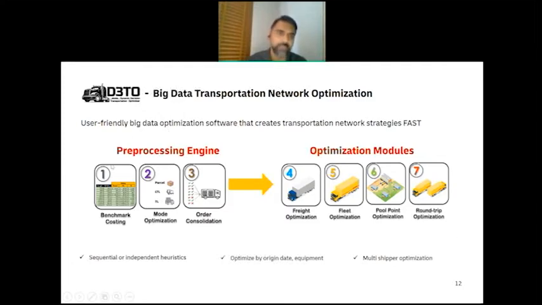The pre-processing engine takes the data in, the standard data set, and creates a good benchmark solution, because the data set that you get may not be clean and may not have a good standard benchmark. It might be really distorted.